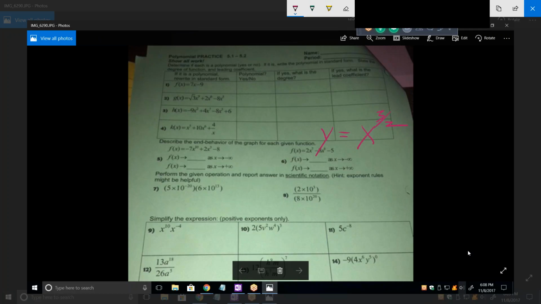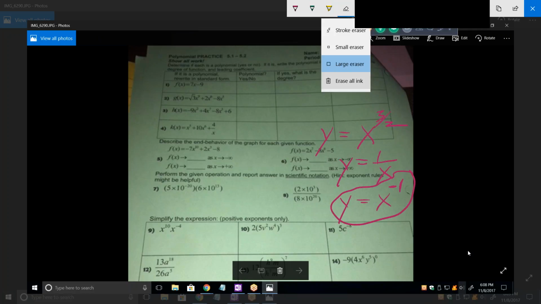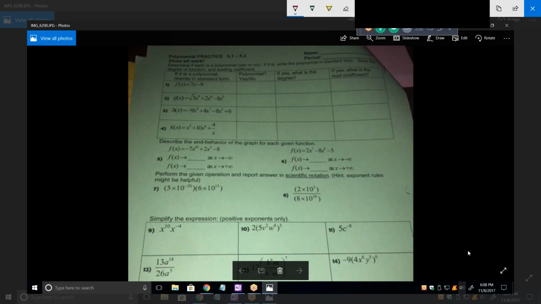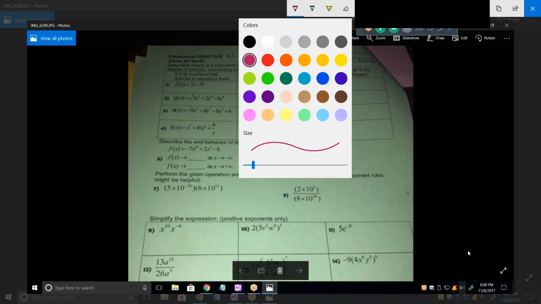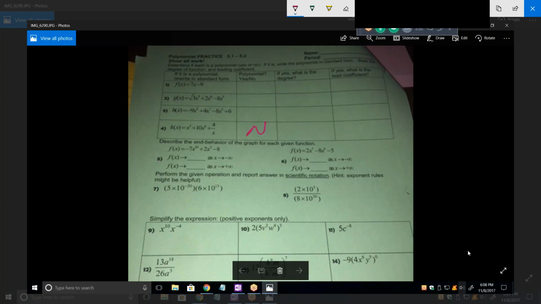If I had a function like this, that's not a polynomial because I can put x in the numerator, but then I have to have a negative exponent. So that's 1 over x, but that is not a polynomial. You have to have the x in the numerator, and it has to have a positive integer exponent. Okay. So I guess there's nothing else to fill out on that. Yeah.